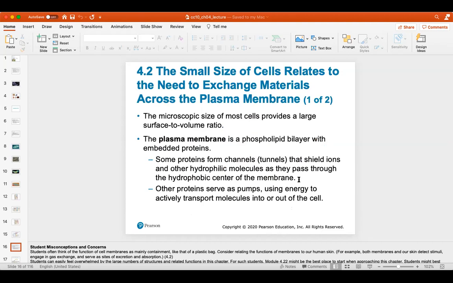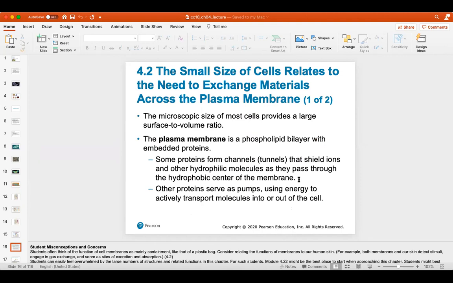The small size of cells relates to the need to exchange materials across the plasma membrane. So the microscopic size of most cells provides a very large surface to volume ratio. And when we talk about the surface of the cells, we're referring to the plasma membrane, which is a phospholipid bilayer with embedded proteins within it.